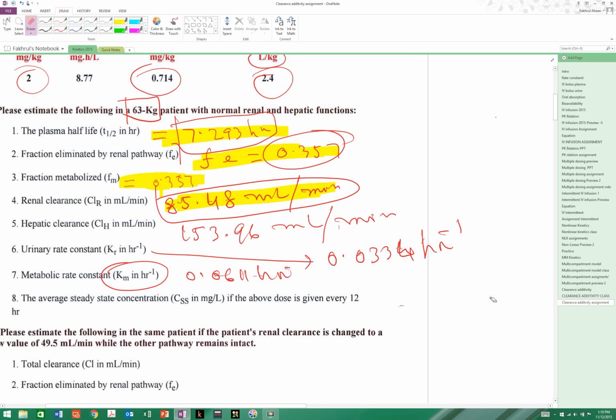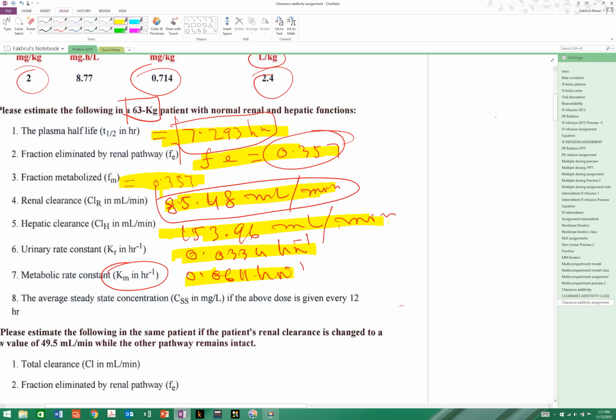Let's clean this a little bit. Your Kr is 0.0334 per hour. So this is our metabolic rate constant.